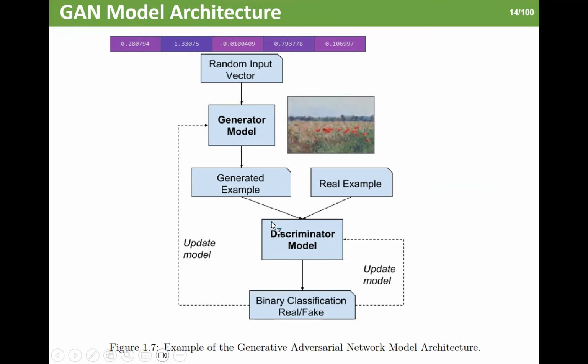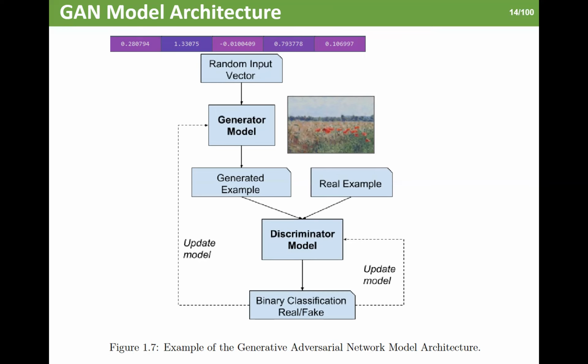The discriminator's job is to take an input and discriminate: is this a real sample? Is this a real Monet painting, or is it a, what do you call it, a forgery, right?